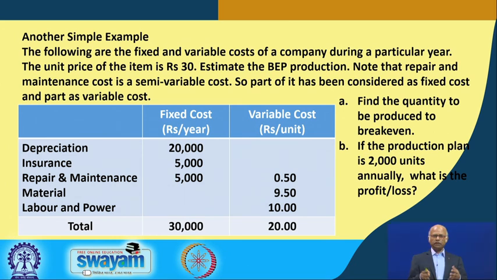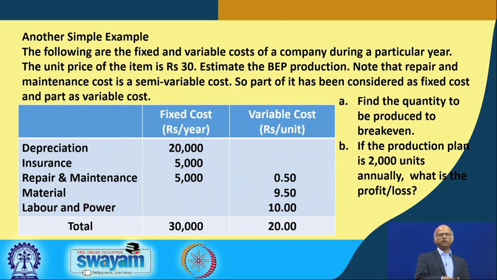So, we discussed mixed cost, that is a cost that has a fixed component as well as a variable component. An example is maintenance, which may have both. If you have annual scheduled maintenance, every 6 months you shut down the plant and spend a lot of money for a while to overhaul the plant.